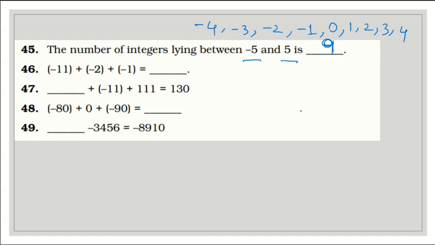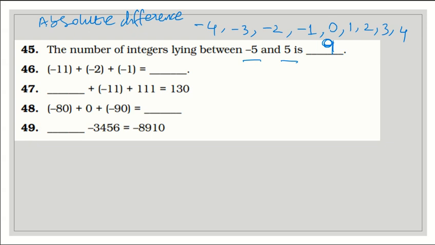Remember children, there is a shortcut to find out. If you want to find the number of integers lying between two given integers, find the absolute difference. What is this absolute difference?